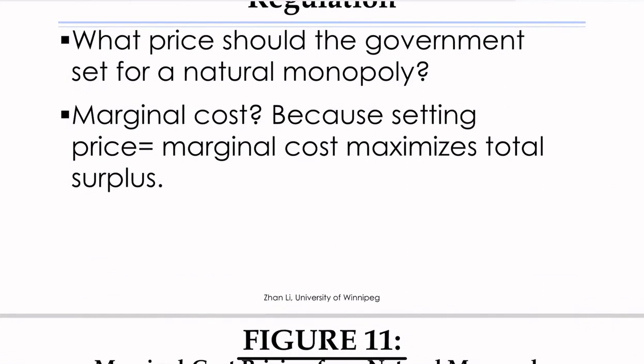Well, the first answer looks like the government should set price equals marginal cost, because we learned the total surplus is maximized if price equals marginal cost. And a government should care about total surplus. So from the perspective of economic efficiency, maybe the best solution is just to set price equals marginal cost.